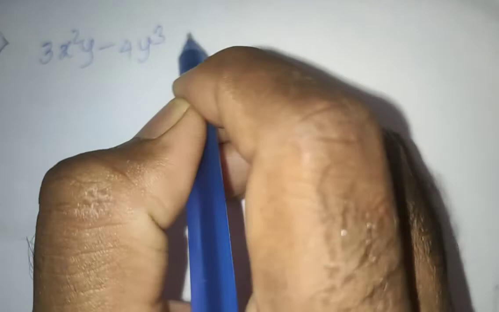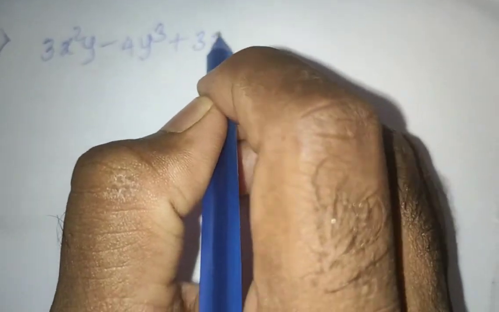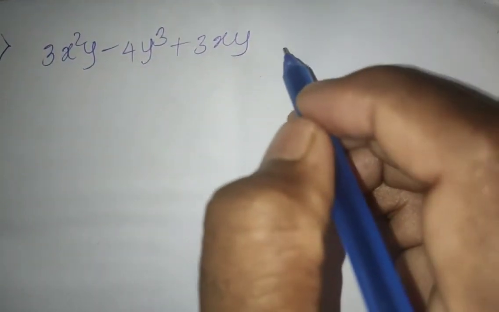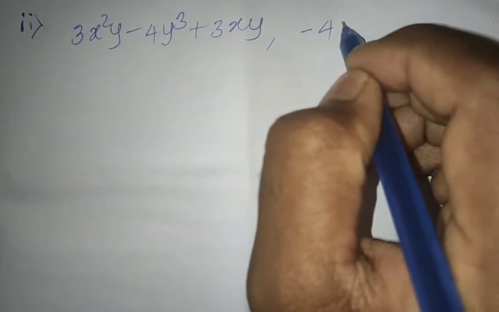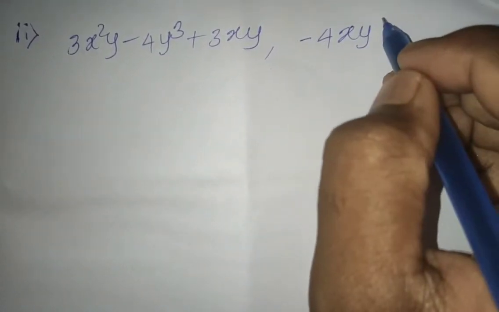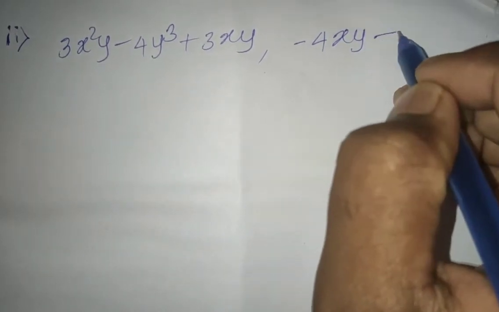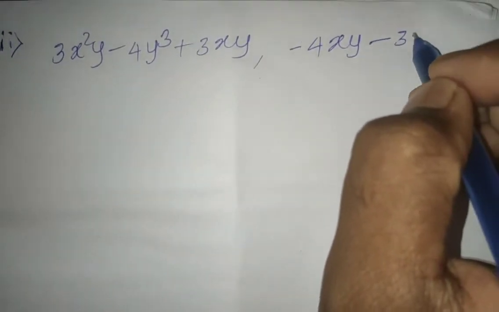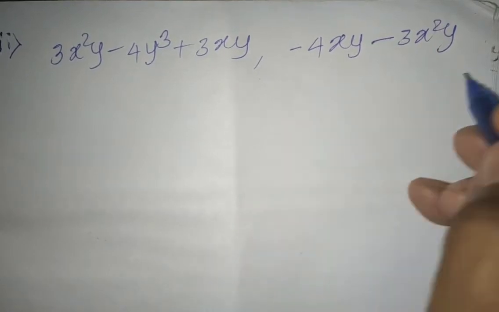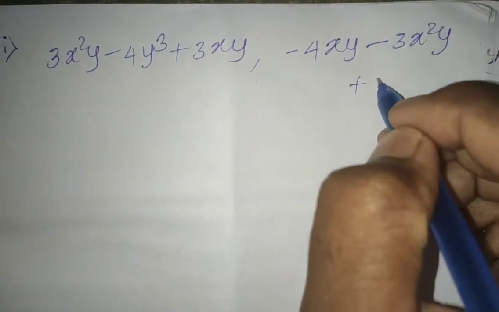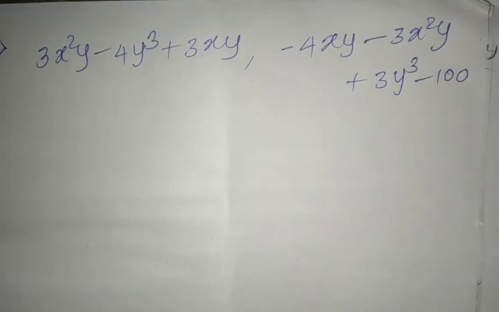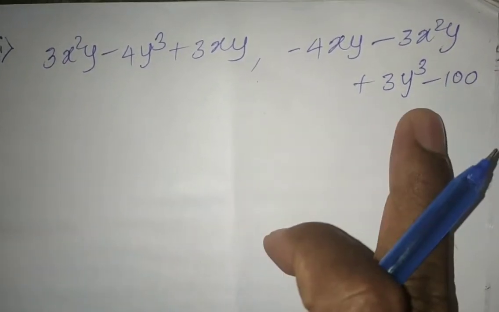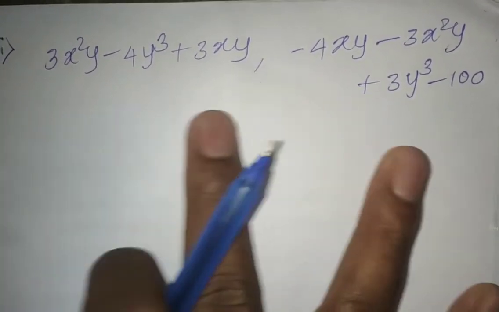Second example, so I will take some algebraic expressions. 3x square y minus 4y cube plus 3xy, one algebraic expression, and another one, minus 4xy, then minus 3x square y, then plus 3y cube minus 100. So these two algebraic expressions are there. Now we have to add these two.